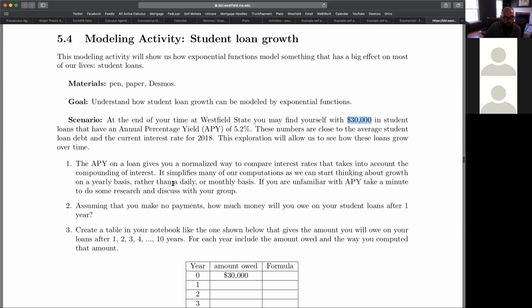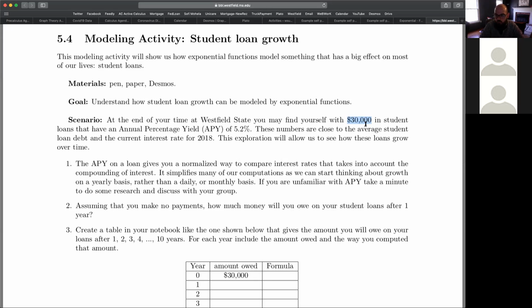So what we want to do is think about this and say, if I had $30,000 and I made no payments, how much money would I owe at the end of the year? When you graduate, there's a very common thing called a deferral, where you can defer some of your loan payments for a period of time.